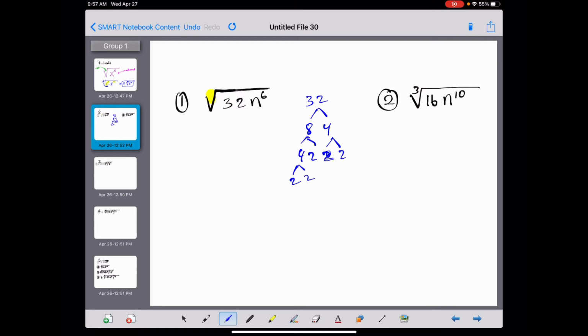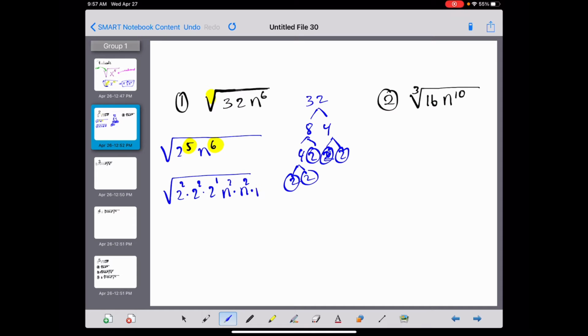So 32 is 2 to the 5th power, and then we have n to the 6th. Now I'm going to break all of these exponents in terms of 2's because we're working with square roots. So 2 squared, and 2 to the 1st, and then n squared, n squared, n squared.